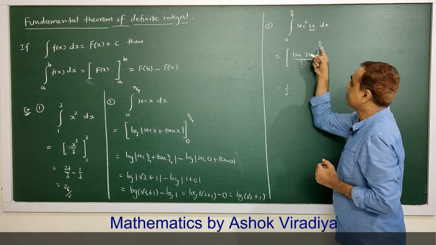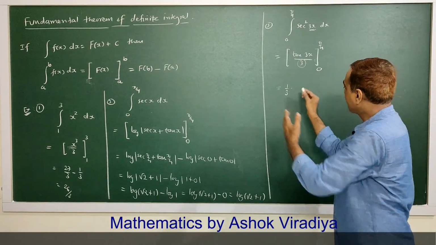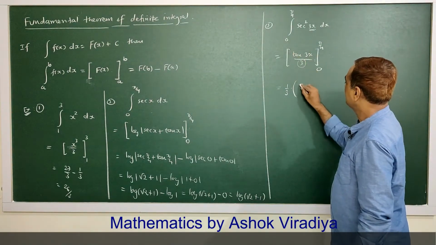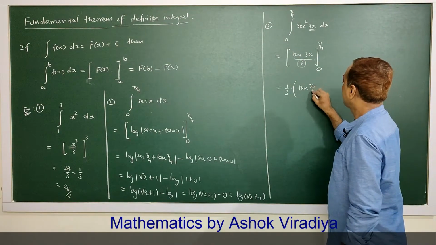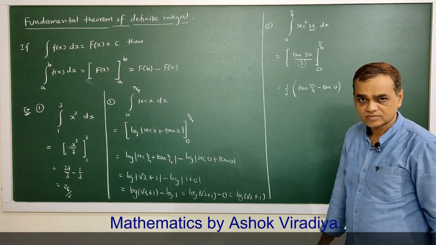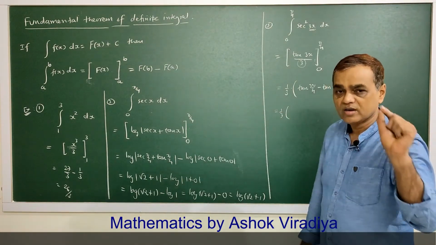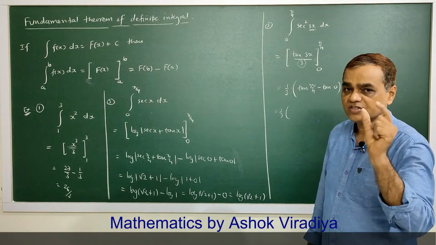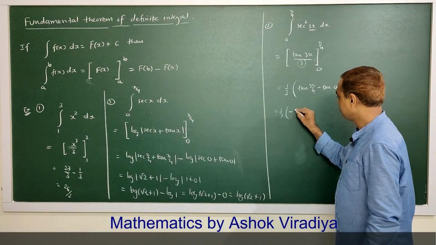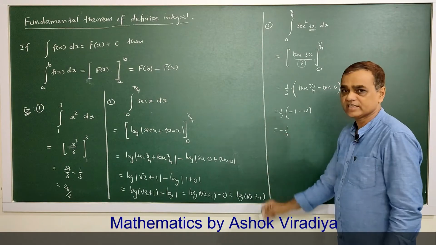When taking the difference f of b minus f of a, this is a constant, so it will be common. Now inside, in the remaining part, put the upper limit: tan 3 pi by 4 minus tan 0. That is 1 by 3 into tan 3 pi by 4, pi minus pi by 4, second quadrant, so minus tan pi by 4, that is minus 1 minus 0. So the value is minus 1 by 3.